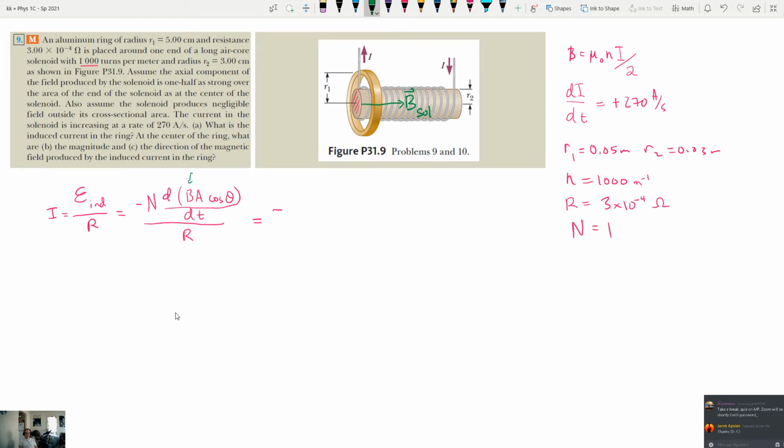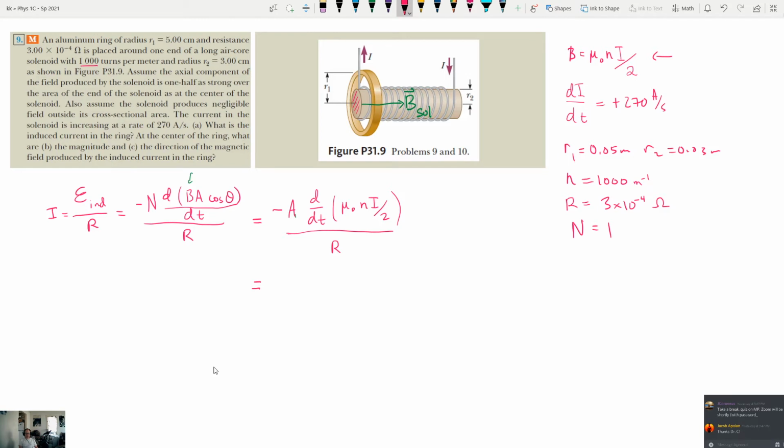The areas are not changing in this problem, right? So we can pull the area out. So we have the area multiplied by d dt of the magnetic field, but it's the magnetic field of the solenoid, which is this right here, right? So plugging all that in there.